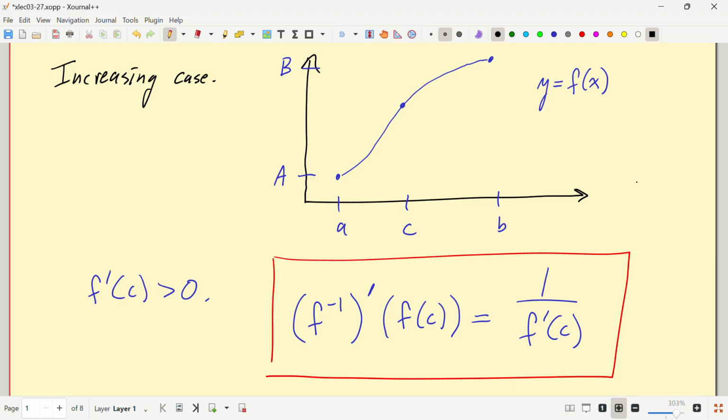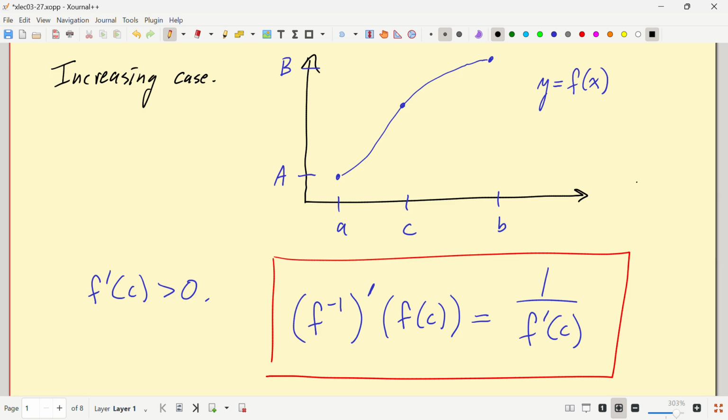Okay, so there's two conclusions. One is that the inverse is differentiable at f of c, and that the derivative at that point satisfies that equation.